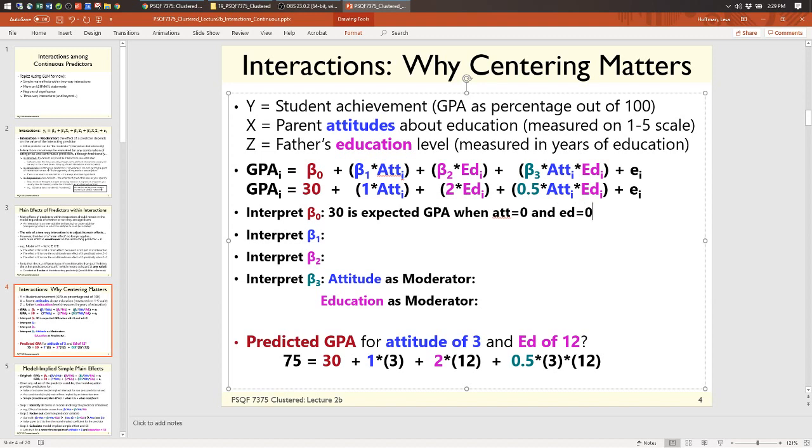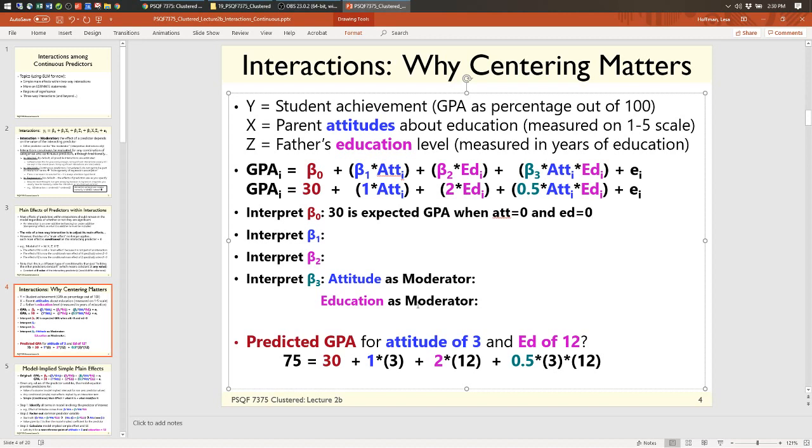Okay, so let's think about that. A GPA of 30 is not good. That's well into F territory. But that's what we would expect for somebody who has a 0 on a 1 to 5 scale and whose father never went to first grade.